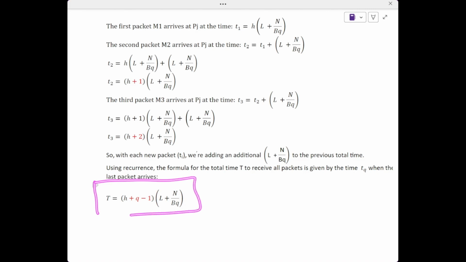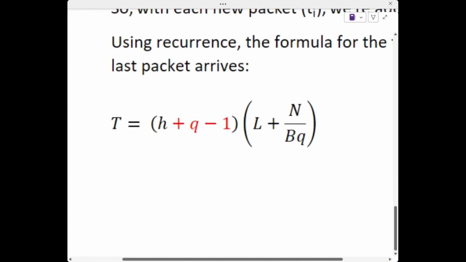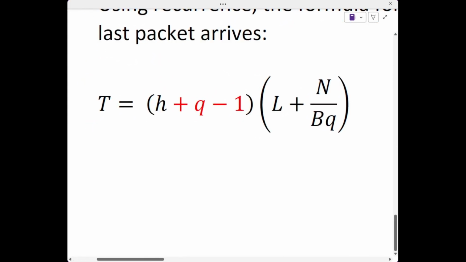This is how to calculate the time needed to send a message M divided into Q packets with the same size using H number of hops, number of bridges, number of intermediates.